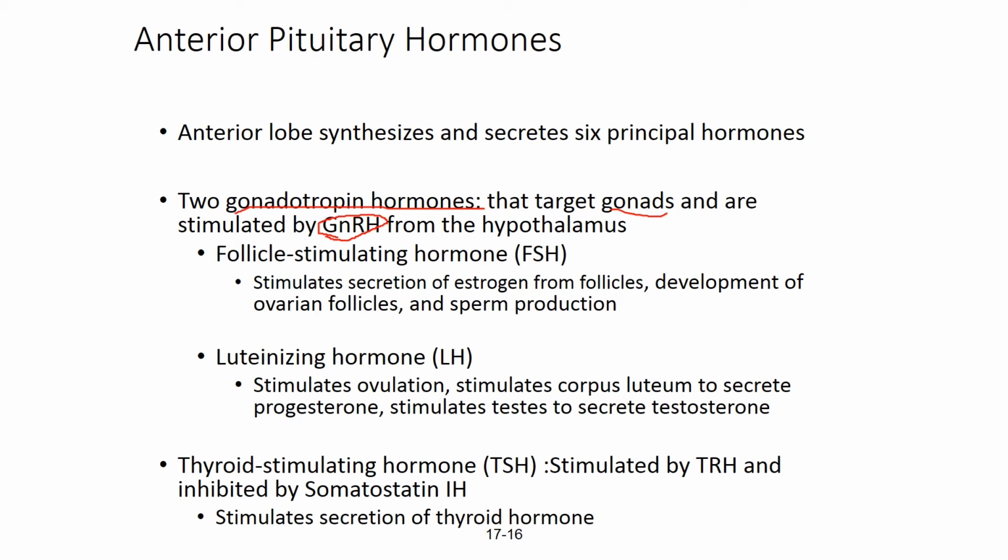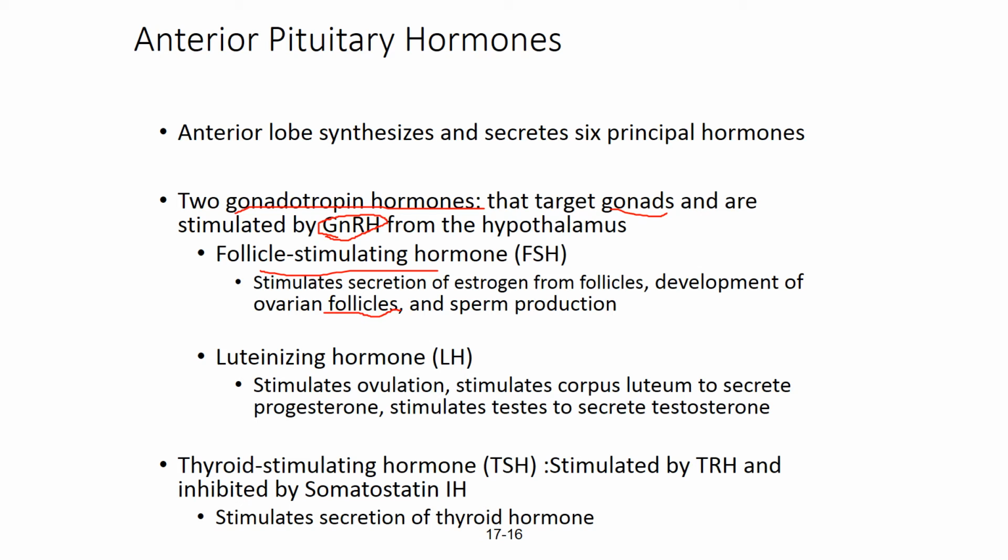So the first one is called follicle stimulating hormone. And what happens with follicle stimulating hormone is it will stimulate the development of an ovarian follicle. An ovarian follicle is a cluster of cells that encourages the development of an egg so that that egg for females could eventually be released and possibly fertilized.